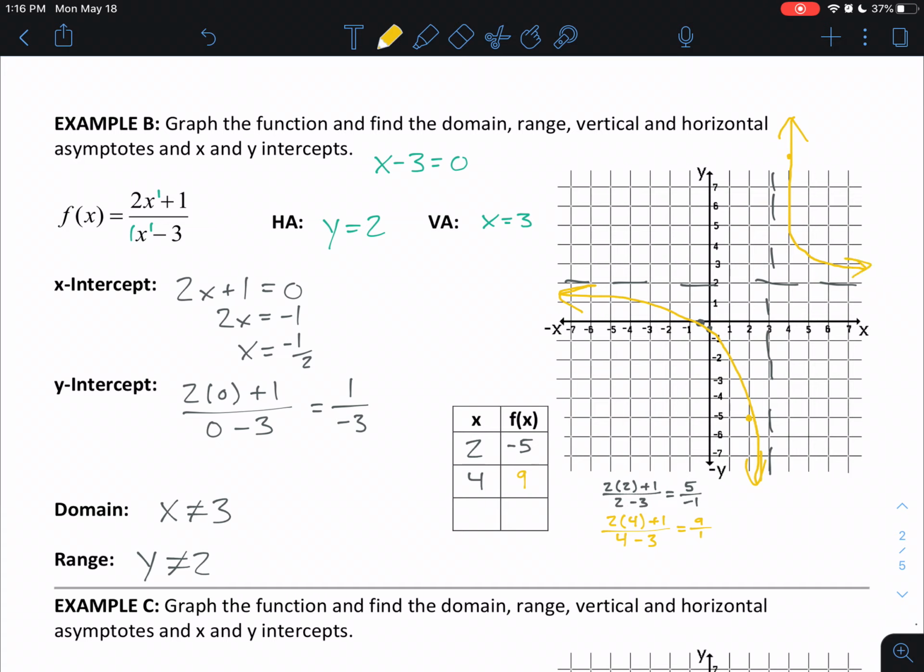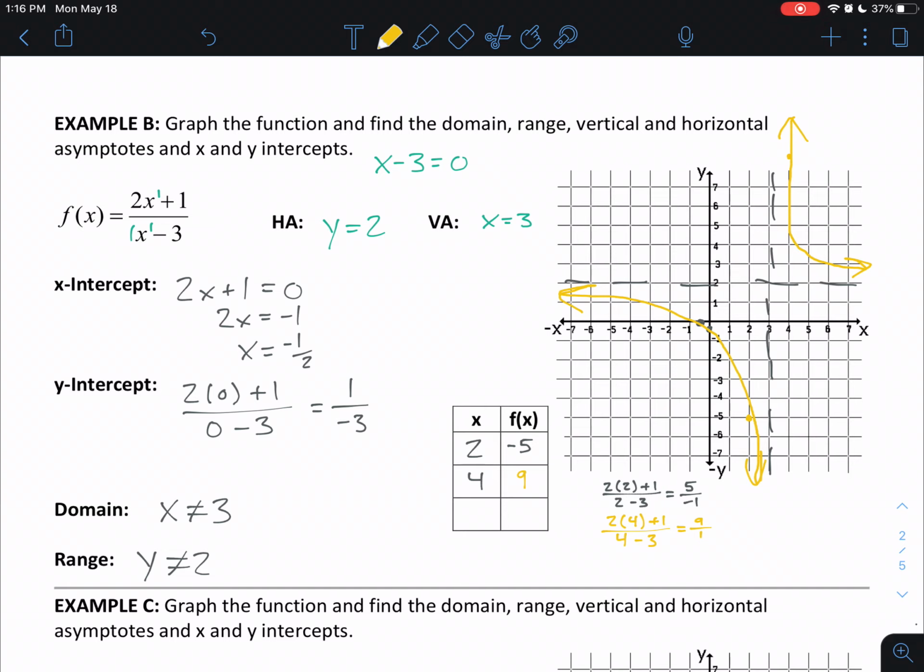We don't know exactly what it's doing, but we do know it's coming down and it does hug the asymptotes. That's what it's called. So it's pretty much riding along those asymptotes, staying pretty close to them, but it's never going to touch them because that's what an asymptote is. It's a line that you're never going to touch.